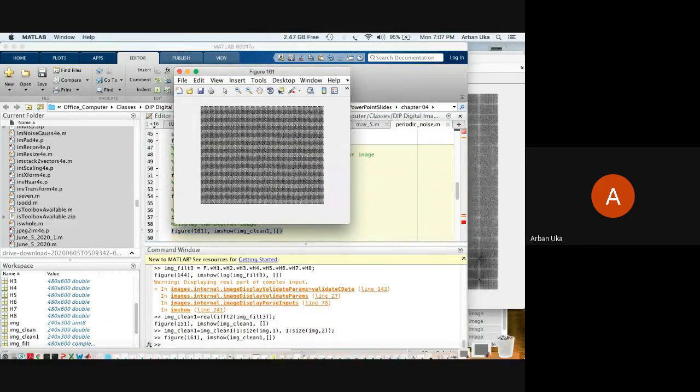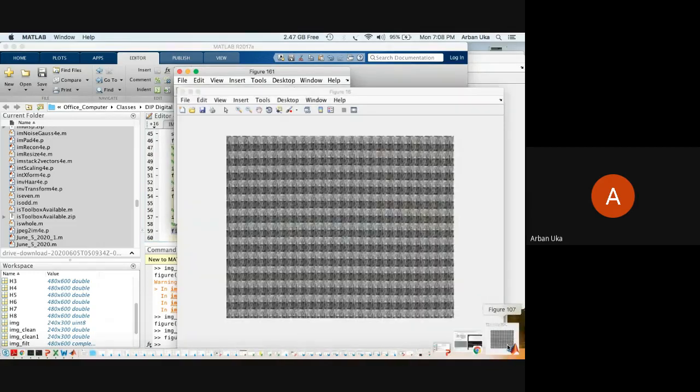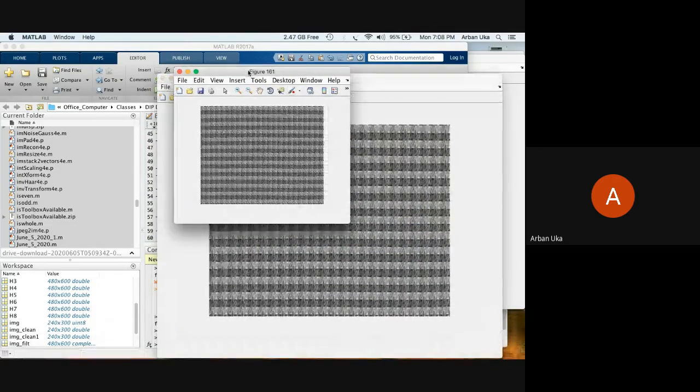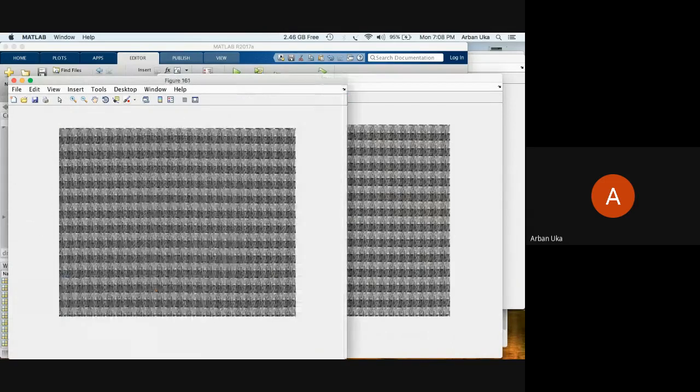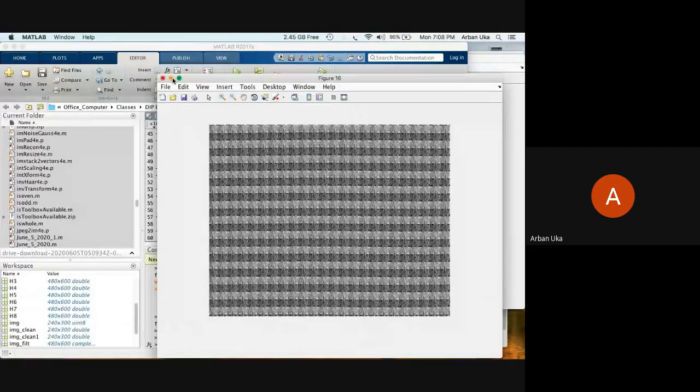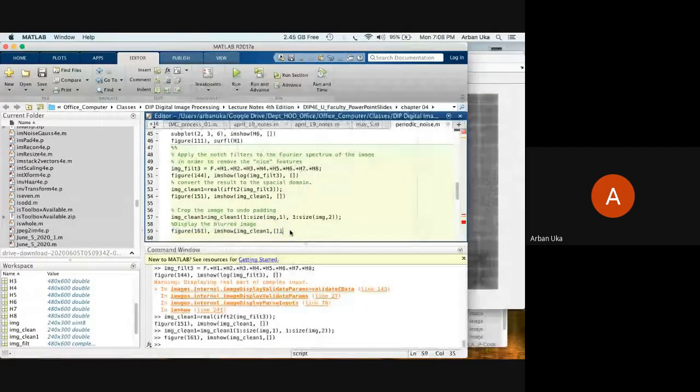Okay, now it remains for us to compare whether there is any major difference between these two. So the last figure is 161, and by human perception, we might not do a very good job here. But what we can try is the following. We have image clean and image clean 1.